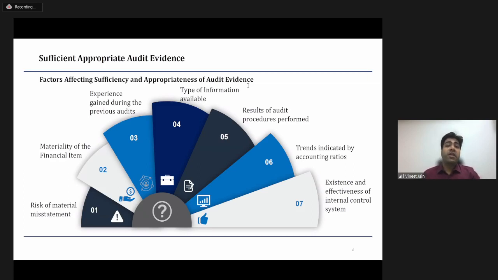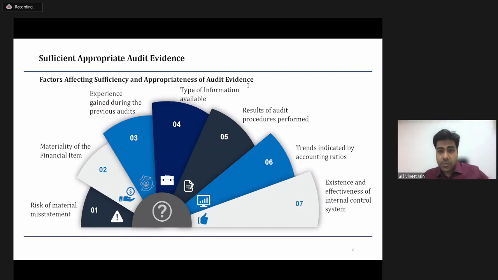Documented audit evidence would always be much more reliable and appropriate as compared to oral audit evidence, because a document would be written somewhere, whereas external would be much more reliable as compared to internal audit evidence, because there would be no intervention of the management in case of external audit evidence. So that would be much more appropriate.